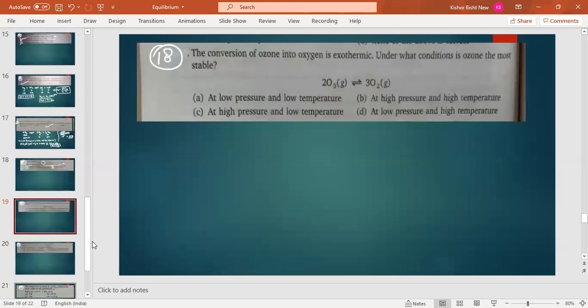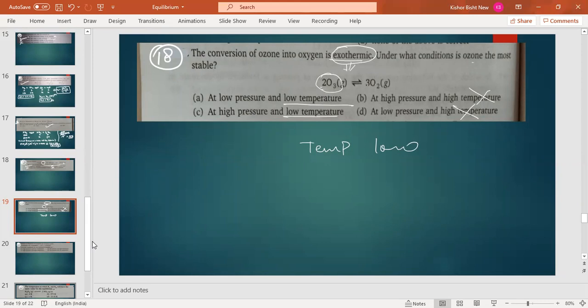Come to the next. The conversion of ozone into oxygen is an exothermic reaction. If it is exothermic, it means the temperature should be low. First of all, low temperature and high temperature, both cancel. Now, under what condition is ozone most stable? We are making the reactant, not the product. So do we need high pressure or low pressure?